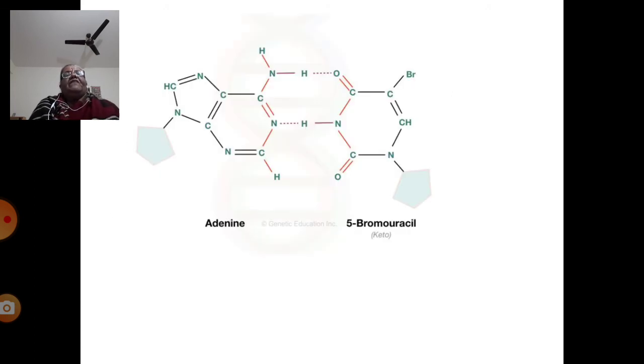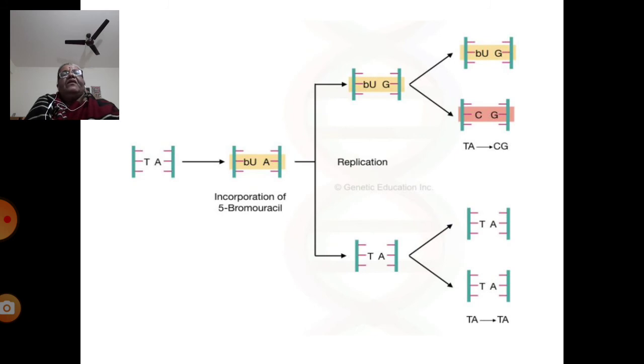So, what I have shown here is 5-bromouracil bonding with adenine. Okay. Then, here you can see the incorporation of 5-bromouracil, and when replication takes place, BU gets incorporated and therefore brings about mutation.